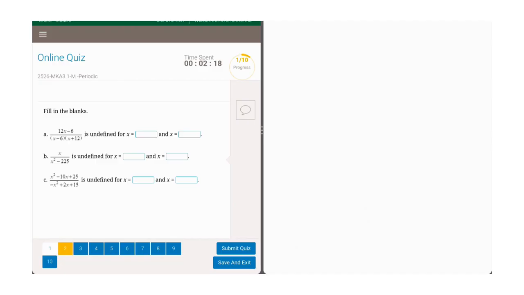For the next question, we have to find again when this is undefined. The first expression, 12x minus 6 over x minus 6 times x plus 12. So to make the expression undefined, the denominator has to be 0.